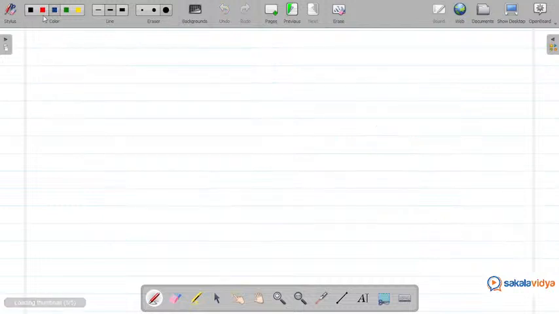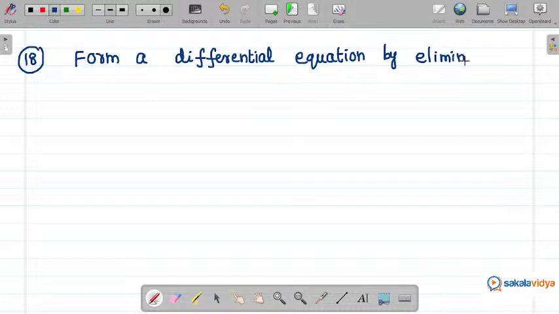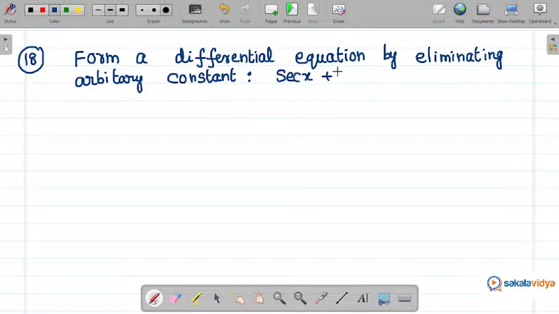Next question. The 18th question. Form a differential equation by eliminating the arbitrary constant from the given equation, that is secant x plus secant y equal to c, where c is the parameter, or we can say the arbitrary constant.